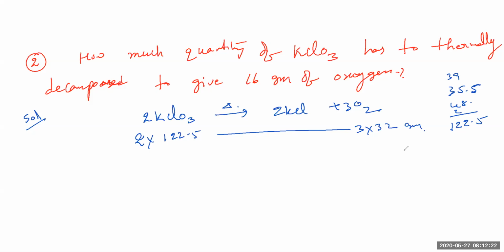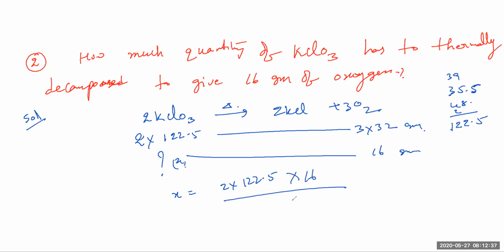He asked only 16 grams of oxygen. For that, how much is required? Say X. So X is equal to 2 into 122.5 into 16 divided by 3 into 32.